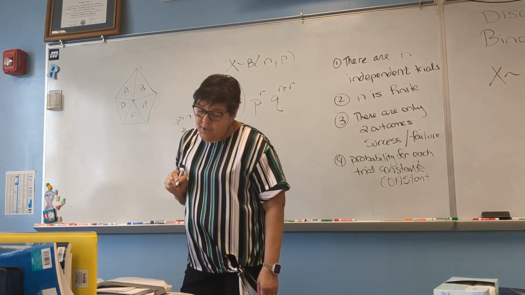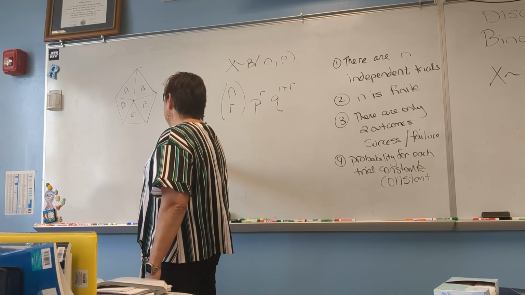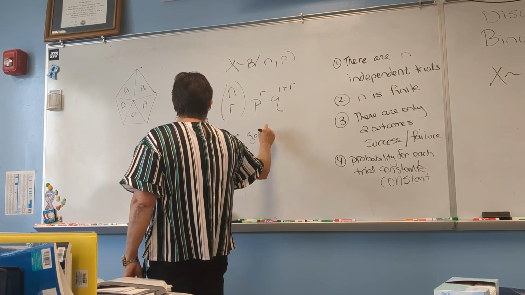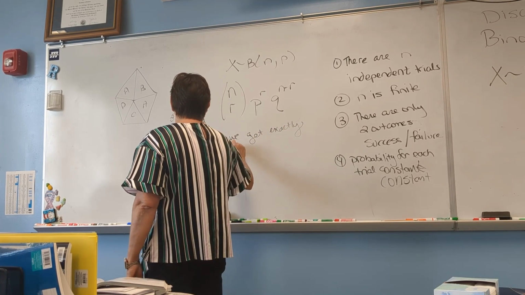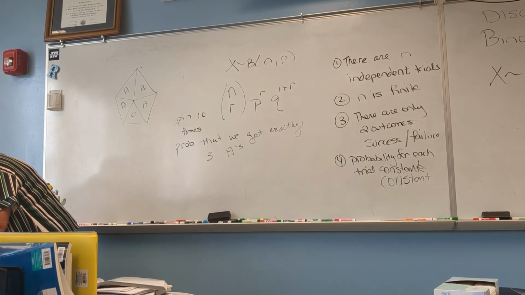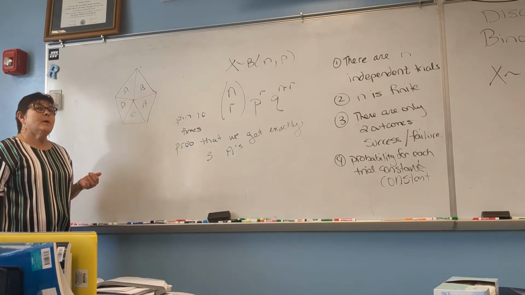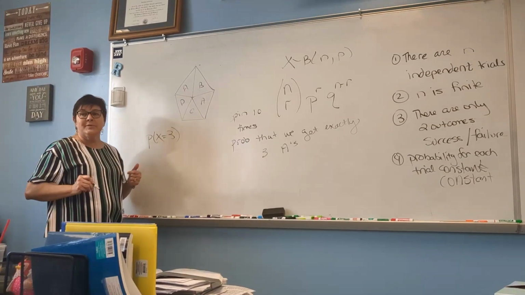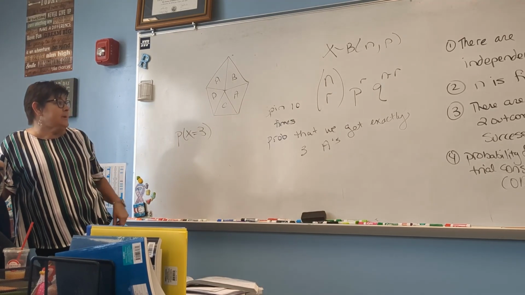I want to know the probability that we get exactly 3 A's. So if I'm writing this out, I'm looking for the probability that we get exactly 3 A's.